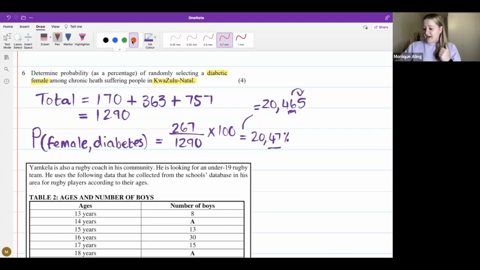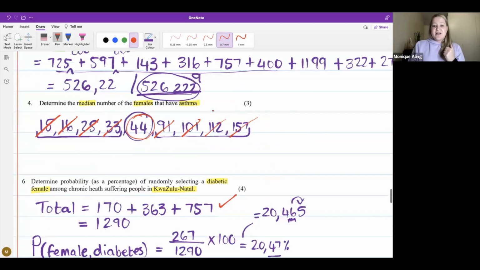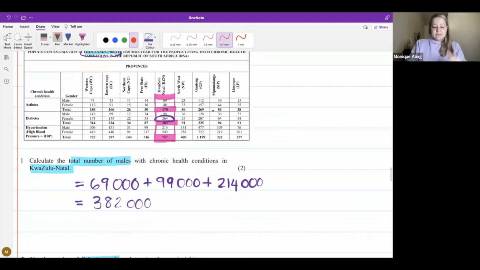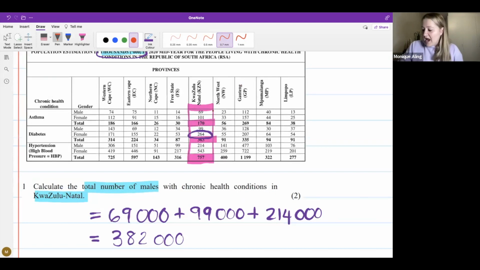I went and found the totals for everyone in KZN. So the 170 is for how many people in KZN suffer from asthma. The 363 is for how many people are suffering from diabetes in KZN. And then the total. I added them all up.